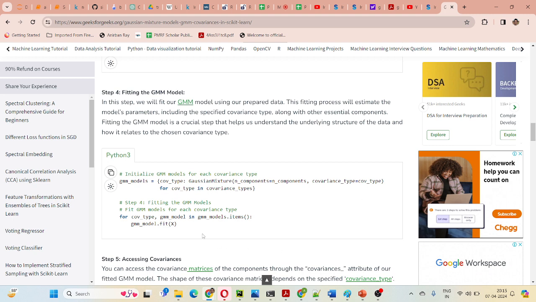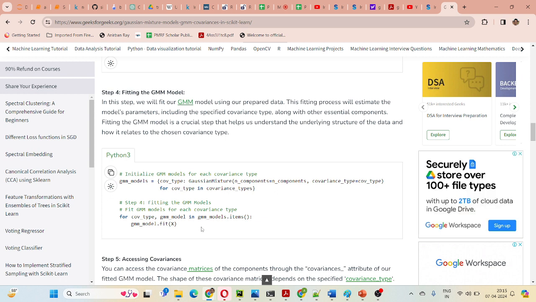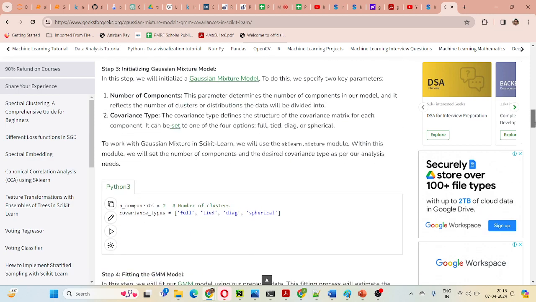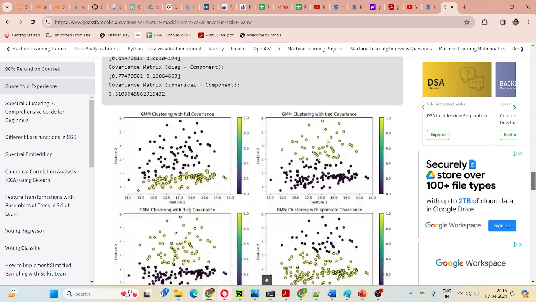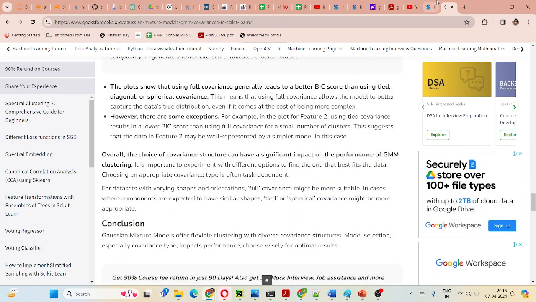That is how they are fitting the data here, for each covariance type. Just seeing this one should be enough, I think. They have done it.